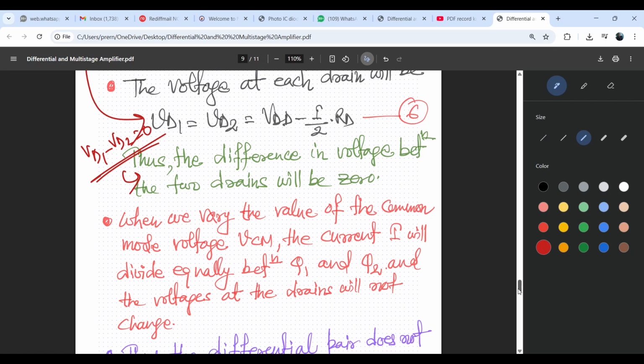When we vary the value of the common mode voltage VCM, the current I will still divide equally between Q1 and Q2, and the voltage at the drain will never change.